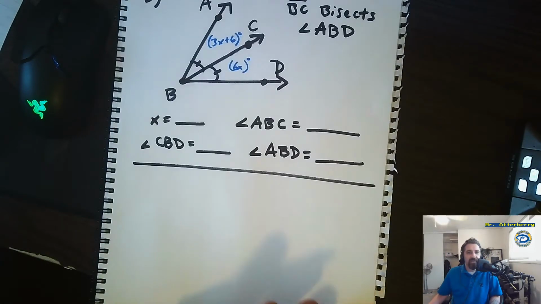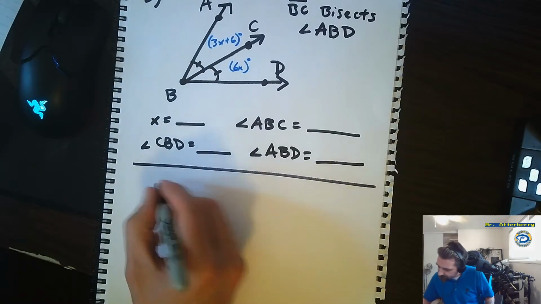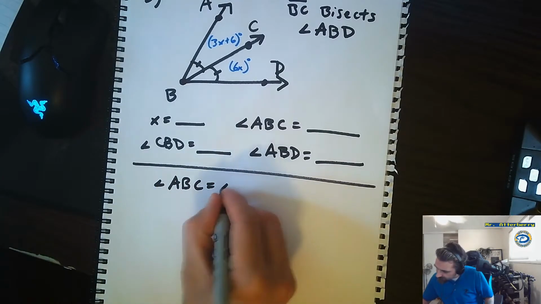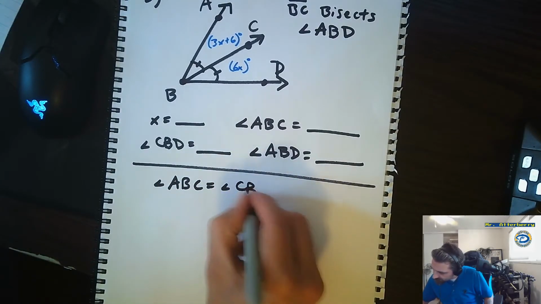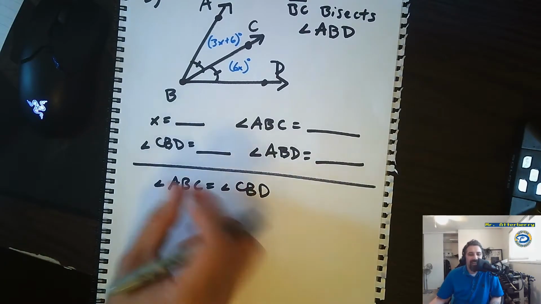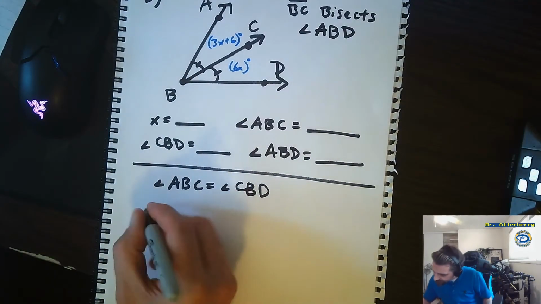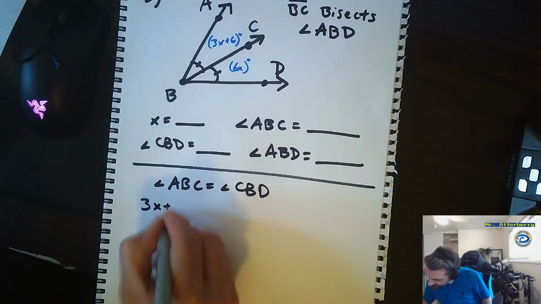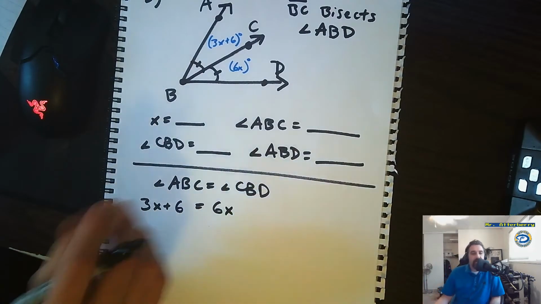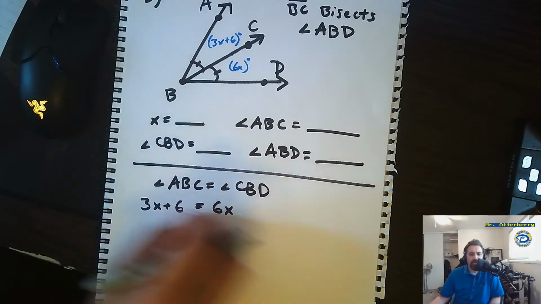So first things first, we are going to take the first angle and set it equal to the second angle. So angle ABC is equal to angle CBD. And now we're going to replace that with the actual equations. I'm going to solve this by moving stuff around. There are no numbers on this side, so I'm just going to move this letter to the right side.